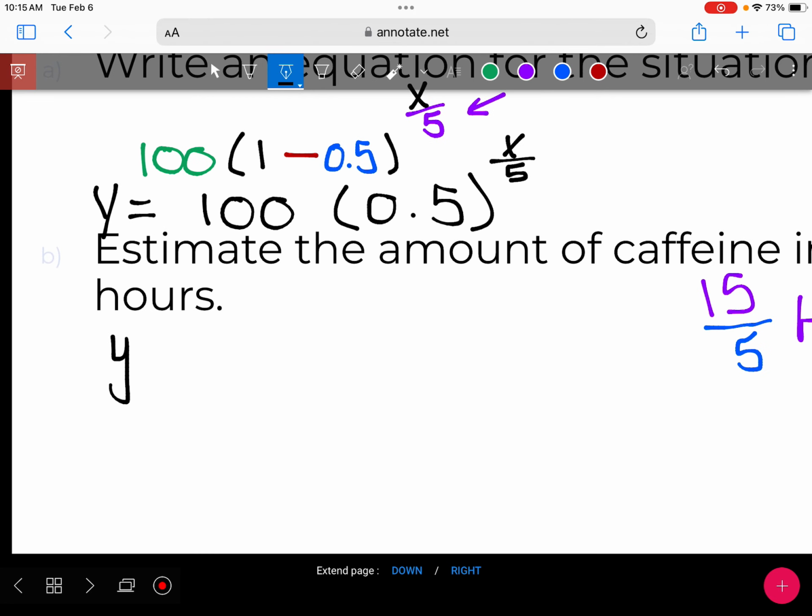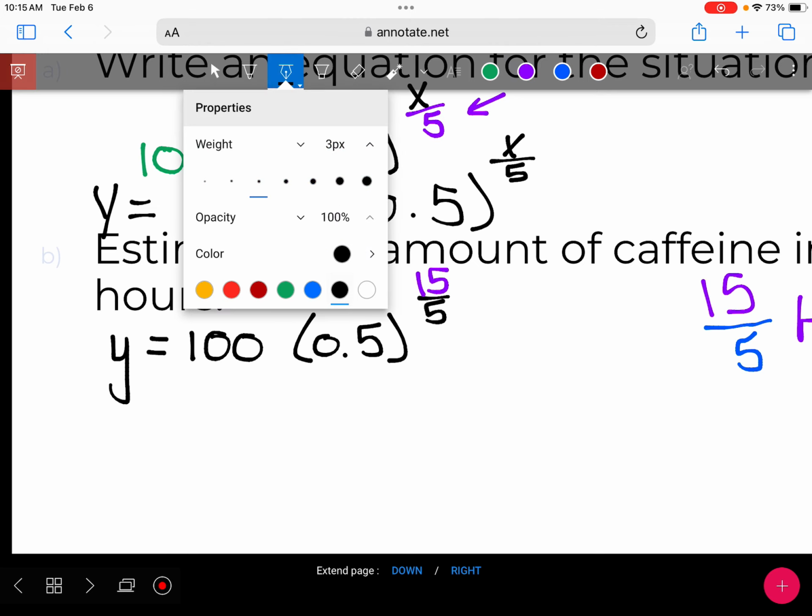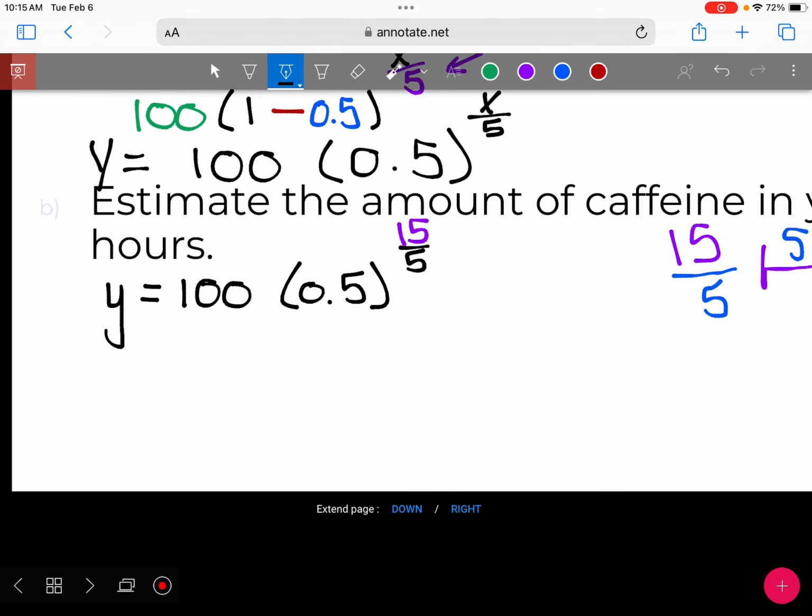We're going to take our 15 and we're going to put it in for our x. So our y is 100 times our 0.5, and we're taking our 15 and putting it in for x. You can either type it in the calculator like this, or you can simplify and put it in the calculator. I'm going to simplify it so we can see why we care.